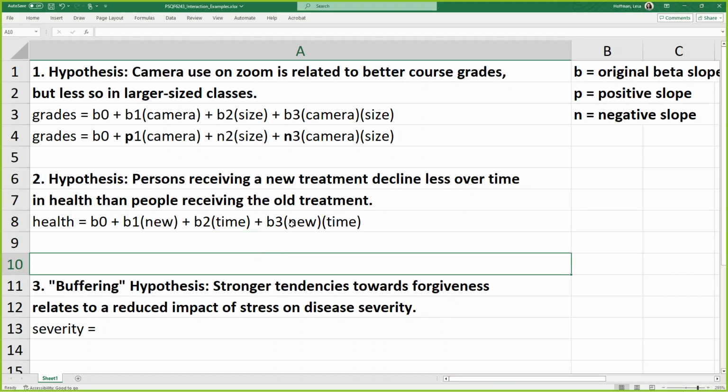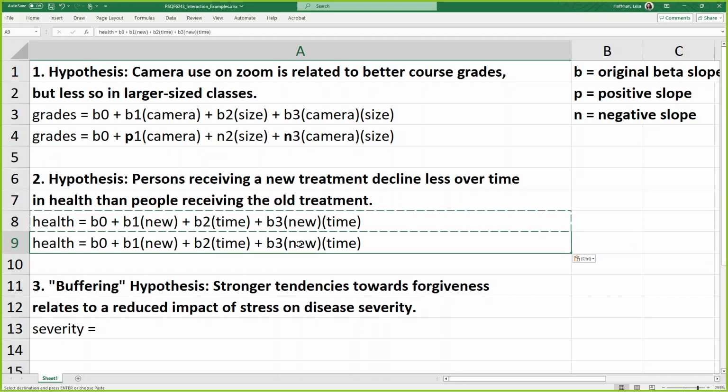Okay, let's figure out the pattern. Let's say that time 0 is the beginning, and let's say that we randomized people into whether they got the new treatment or the old treatment. Should there be a group difference at time 0? If I randomize, we haven't really started doing anything to them yet.